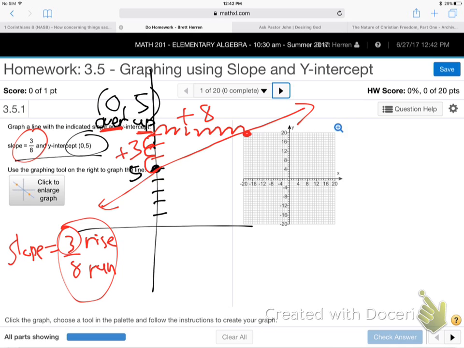So I started at up 5 because they gave me the 0.5, over 0, up 5. That's my first dot. And how did I get from my first dot to my second dot? The slope is like a signpost telling you go up 3 over 8. Rise, run. So from here you go up 3 over 8. Is that good? And I could show you, if it's more helpful.